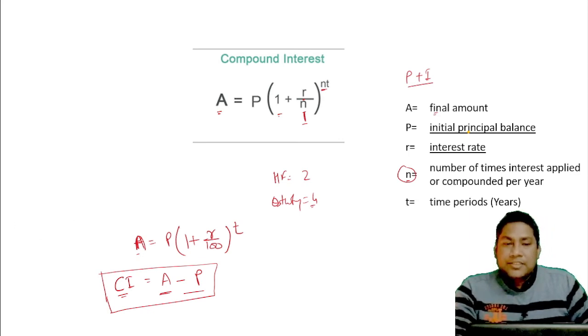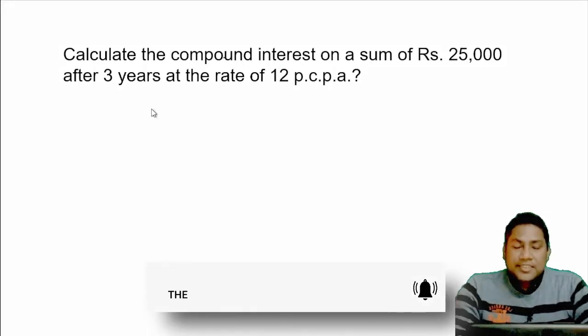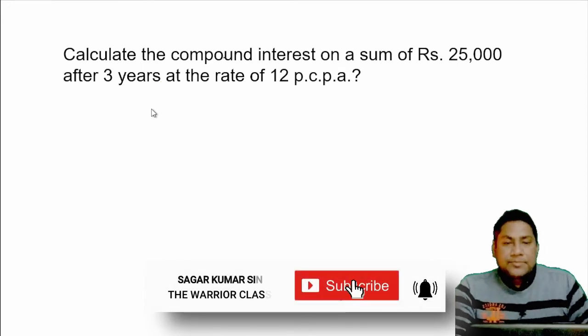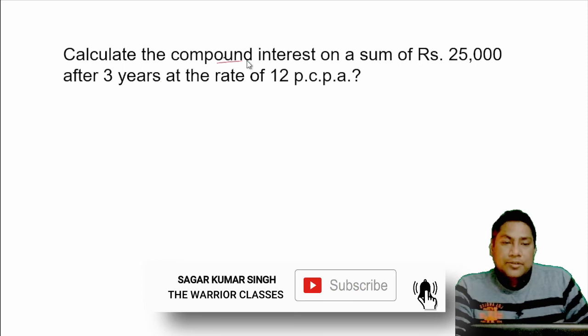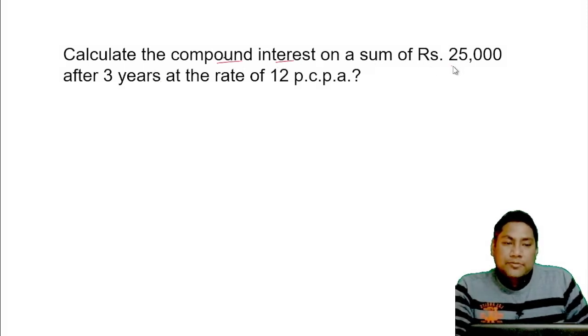So friends, now we'll understand by solving this problem. In this question they have asked, calculate the compound interest on the sum 25,000 after 3 years at the rate of 12 PCPA. What is 12 PCPA? That is percentage per annum.